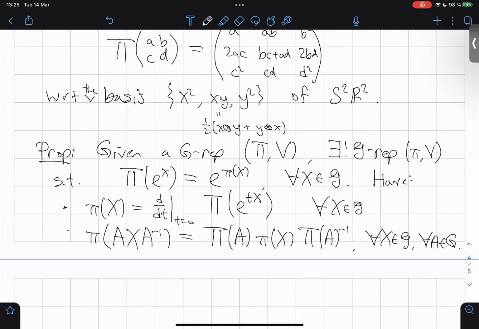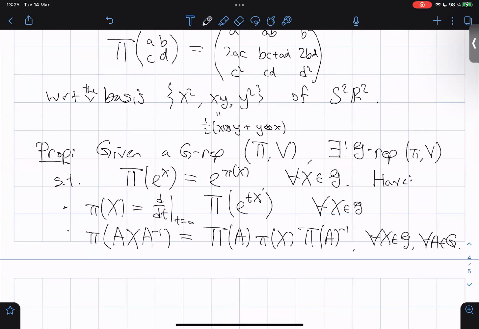So any representation of the big group, it doesn't have to be connected, you can nicely associate a little g representation.